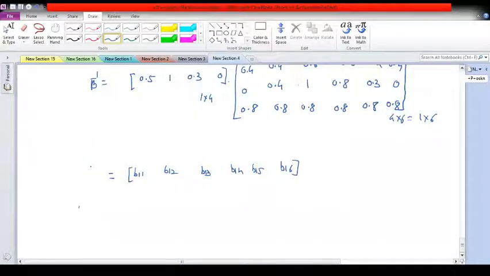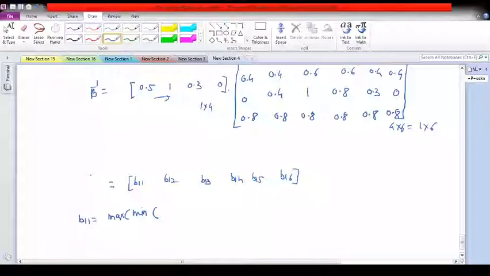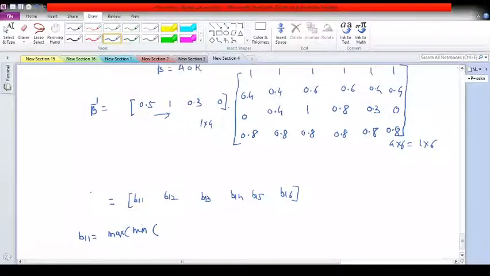So to calculate b11, it will be using max-min. So it is max, and take the minimum from this. Multiply this with the first column.